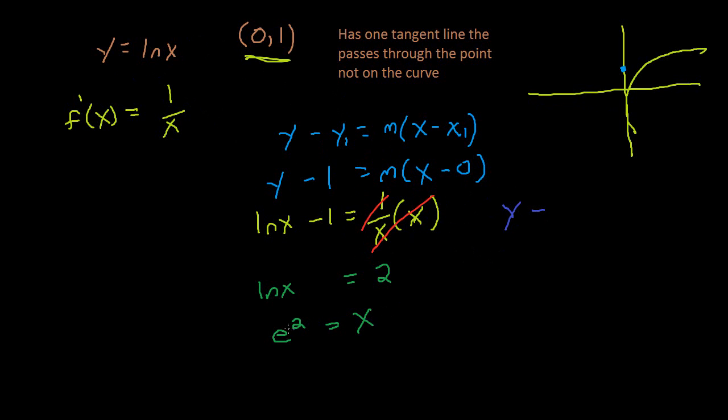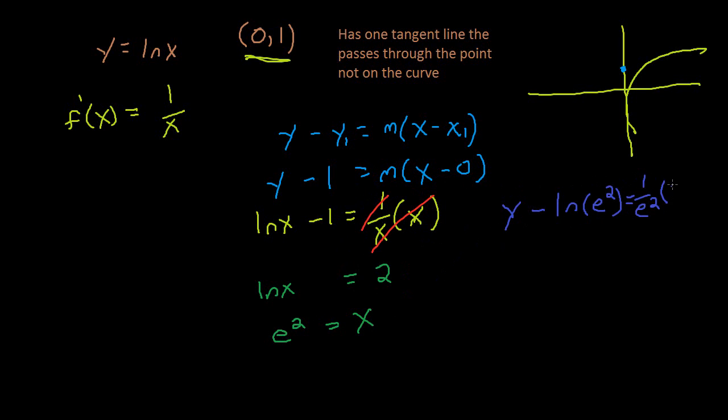And now we know the x value is equal to e squared. So now the y value here that we could use is going to be ln of e squared. And that's going to be equal to m, or 1 over e squared, because notice the m value that we found was 1 over x, but we know x is equal to e squared. So 1 over e squared.